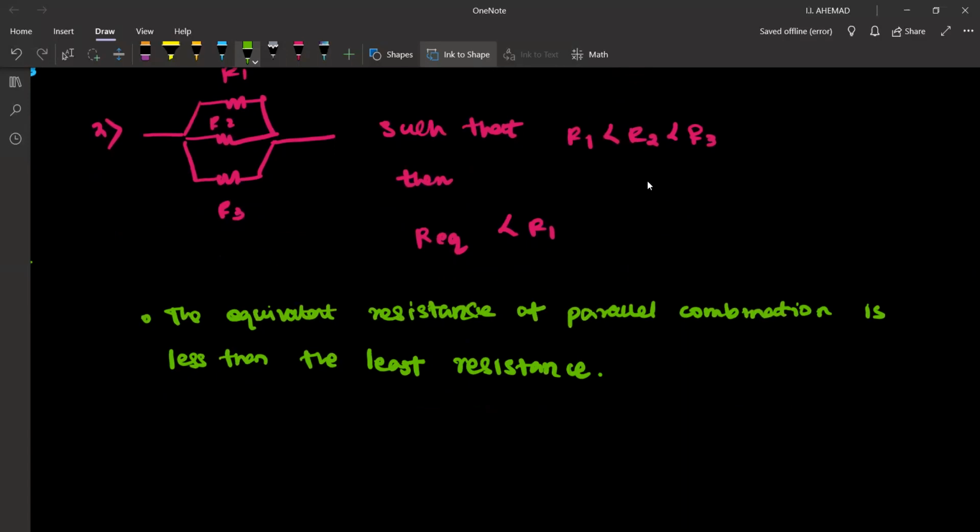Is that clear? Let's say you have 100 and 1000, then the equivalent will be for sure less than 100. Noted.